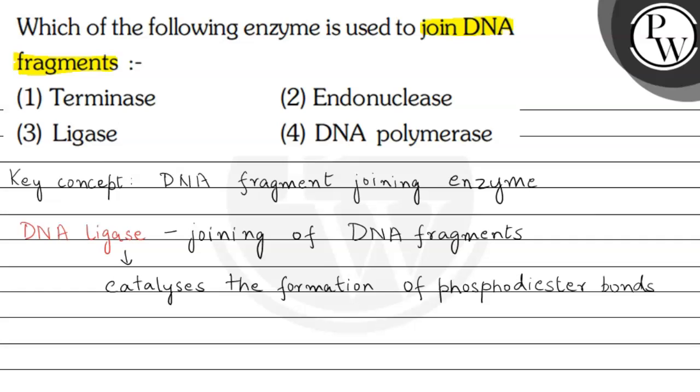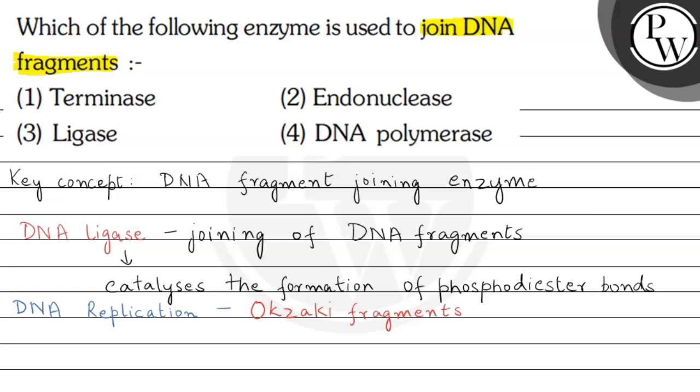Now, DNA ligase plays a major role in DNA replication. So during DNA replication, the lagging strand is formed in the form of Okazaki fragments. So the lagging strand is not formed in a single DNA fragment, but instead it is formed in several Okazaki fragments.